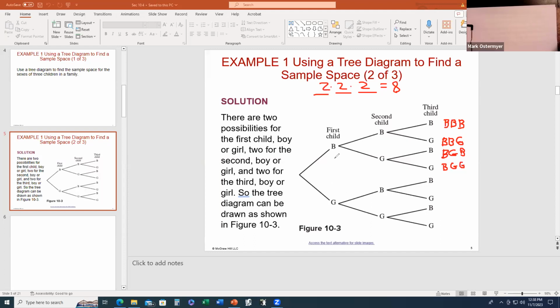Or we could have a girl, following this branch now, we could have a girl, boy, boy. Or we could have a girl, boy, girl. Or we could have a girl, girl, boy.